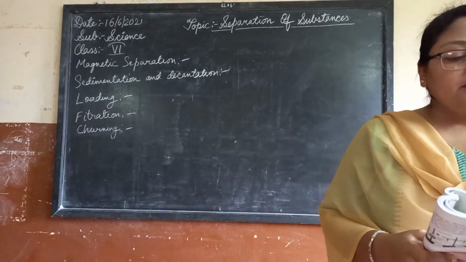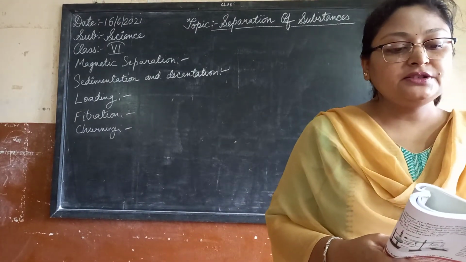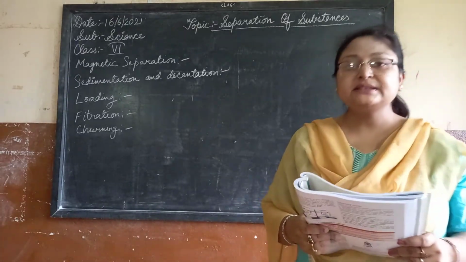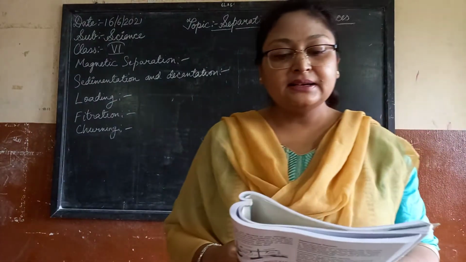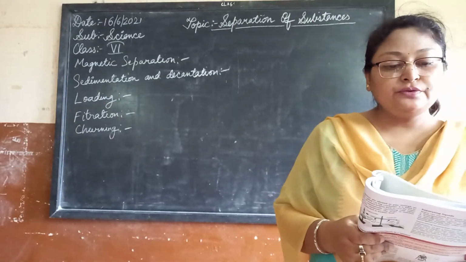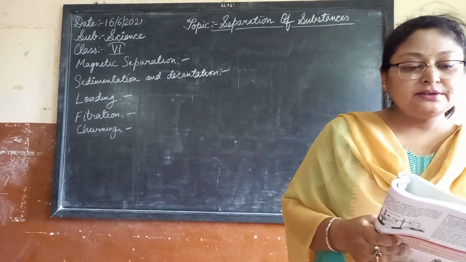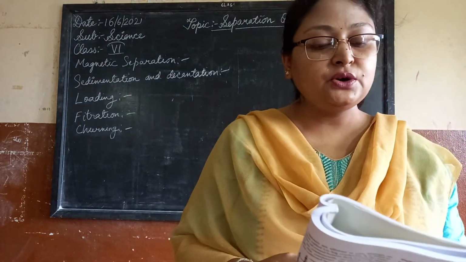Now, household water purifiers use filtration to remove suspended impurities, and the chemicals which impart color and odor to the water are removed with the help of charcoal. An ultraviolet lamp is used to kill the germs, thus giving pure potable water.